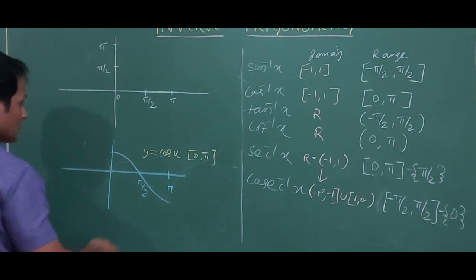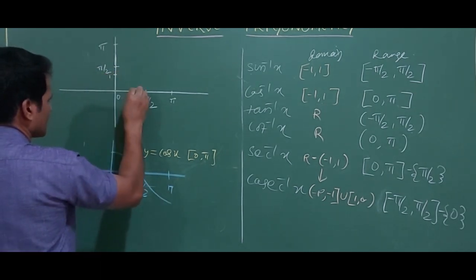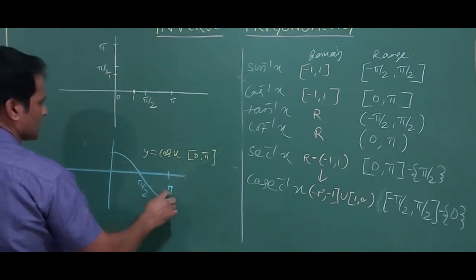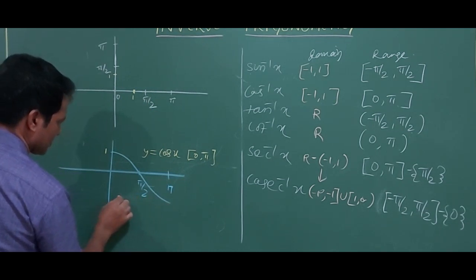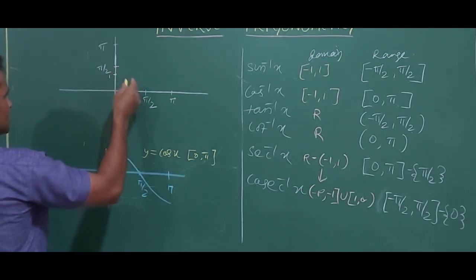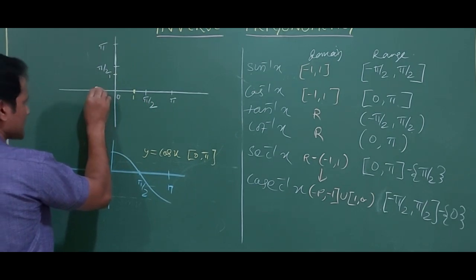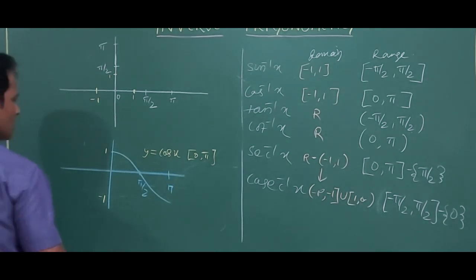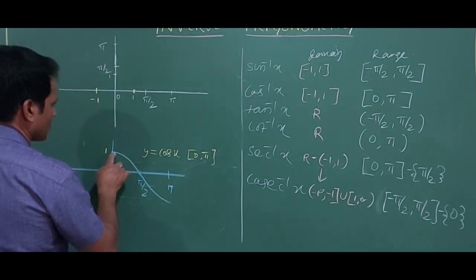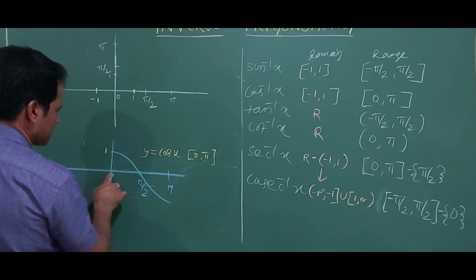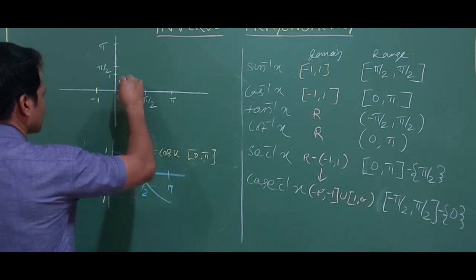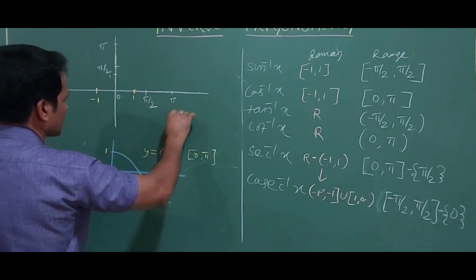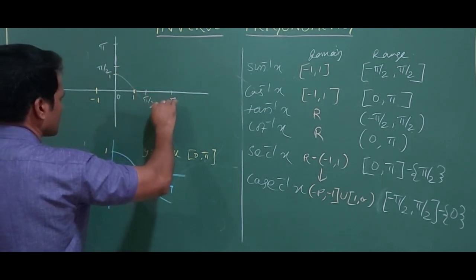It gives you at 1, here will be 1. This is 1, this one is minus 1. Alright? It goes from 0 to 1, it touches 1. Suppose I think of the cos graph here, you can see it is like this. This is the cos graph.